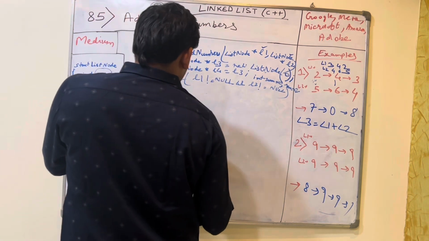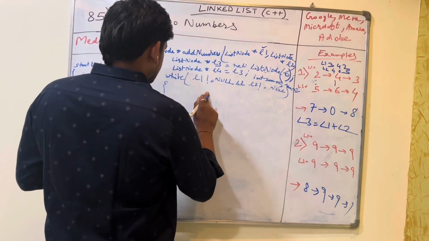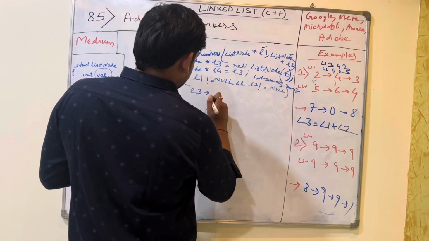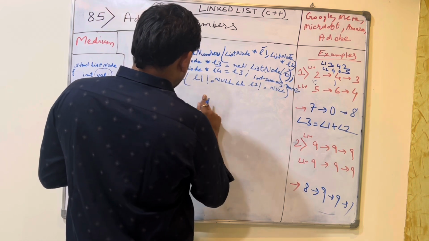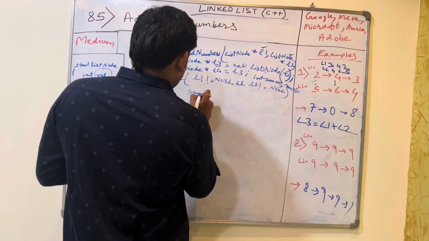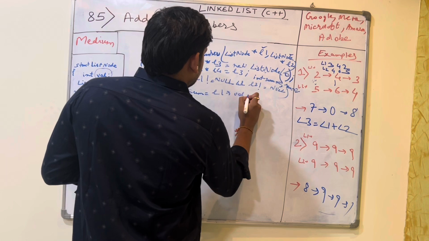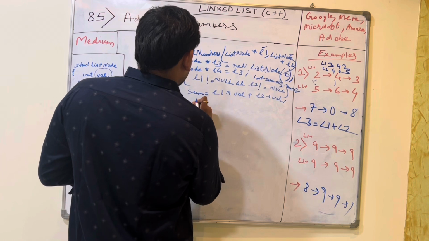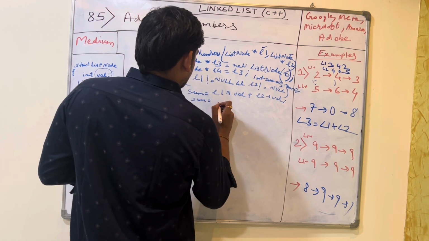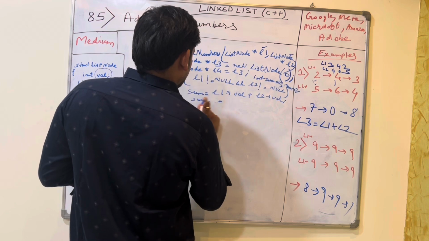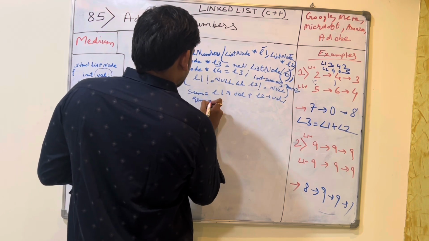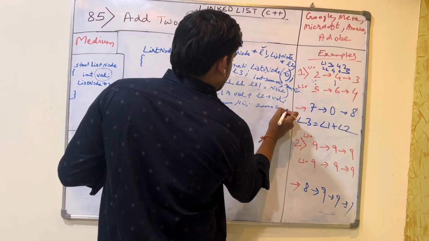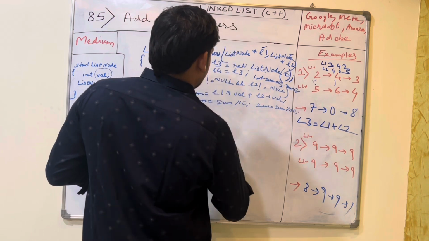So when this is not equal to NULL, then we have sum equal to L1 value plus L2 value, and then we have remainder equal to sum divided by 10, and sum equal to sum mod 10. We have got this.